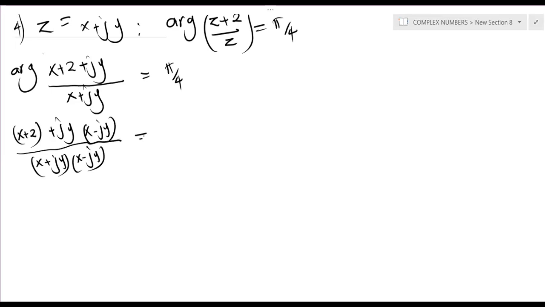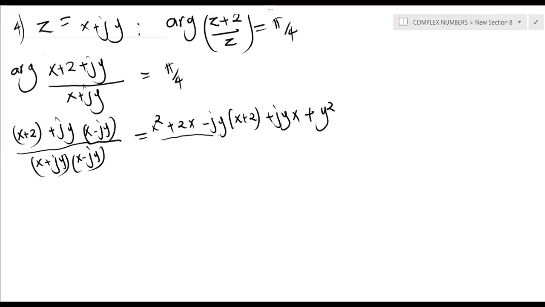Opening the bracket here, this is going to give x squared plus 2x. Then opening this and this, we'll have minus jy(x plus 2). And then this and this will give us plus jyx. And then finally, this and this will give us minus j squared y squared. But since j squared is minus 1, we will have plus y squared.